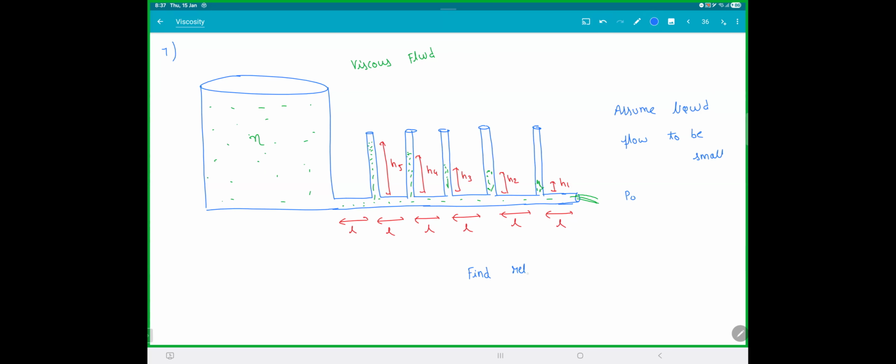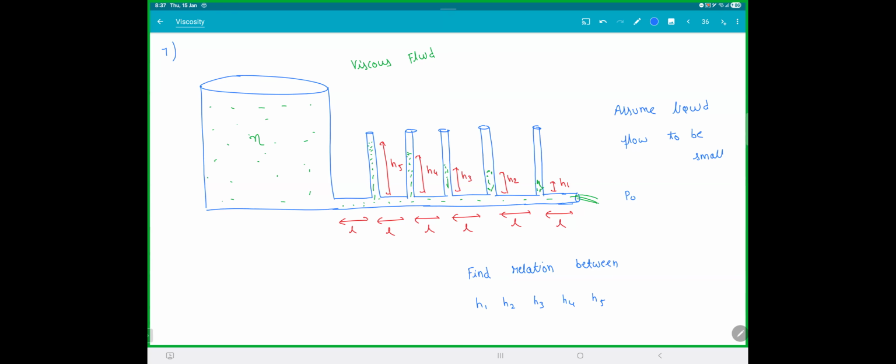Find the relation between H1, H2, H3, H4, H5. So the initial height is given. It doesn't matter.